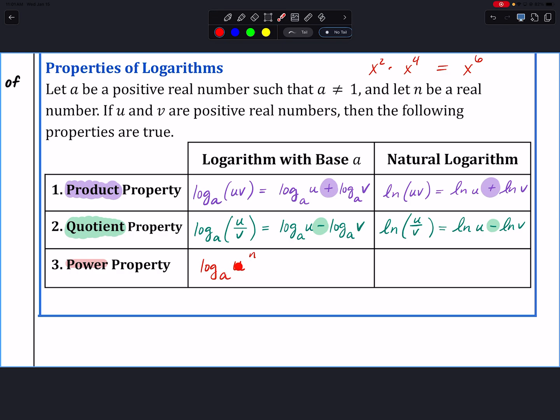This is the argument. Whenever you guys write your final answer, we don't want the power on top of the argument. So there's a shortcut to what we could do, and that's we're going to bring this power to the front. So this is the same thing as n times log base A of u.